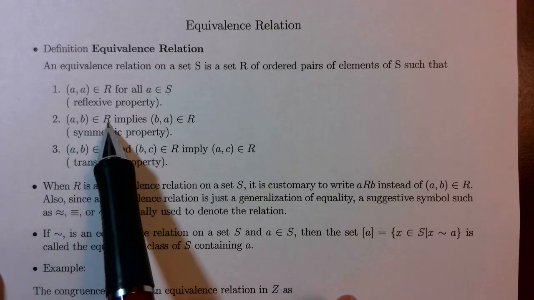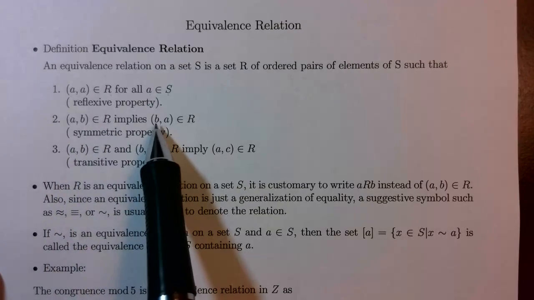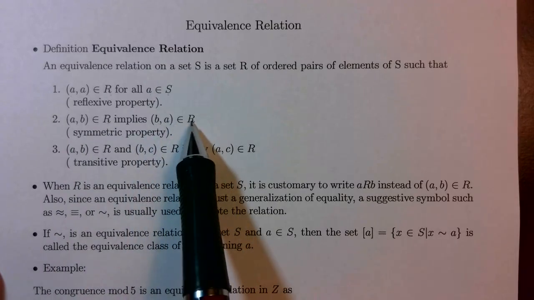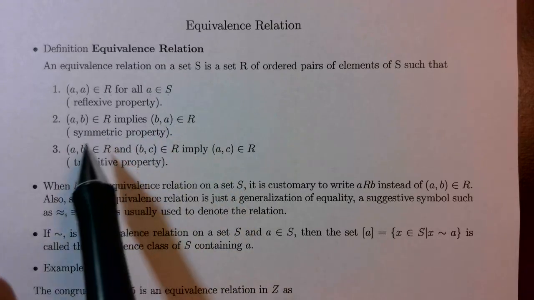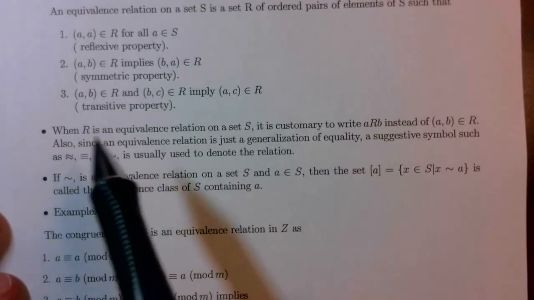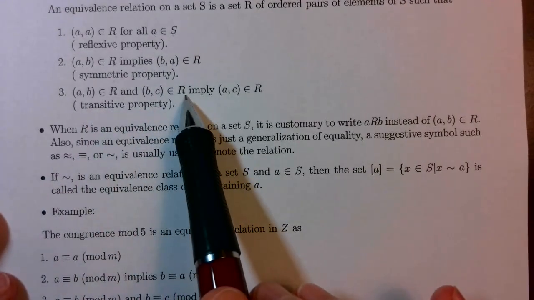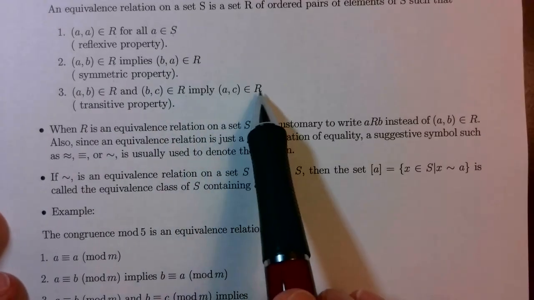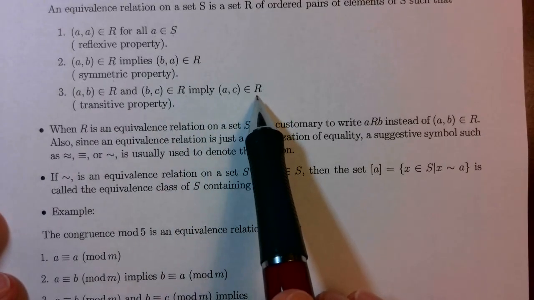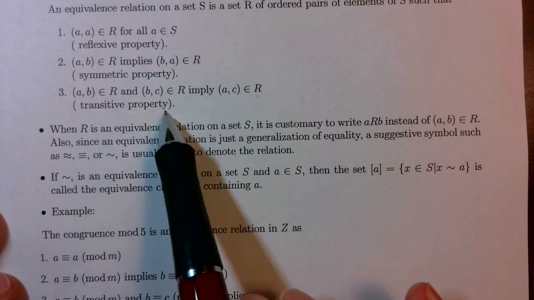If AB is in R, then BA is also in R, symmetric property. And if AB is in R and BC is in R, then AC must be also in R, transitive property.